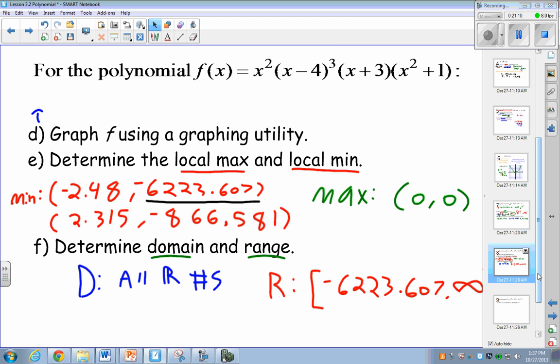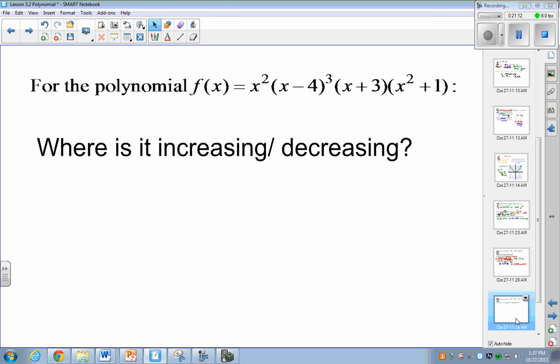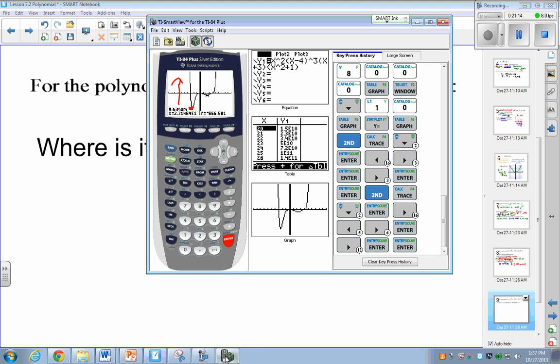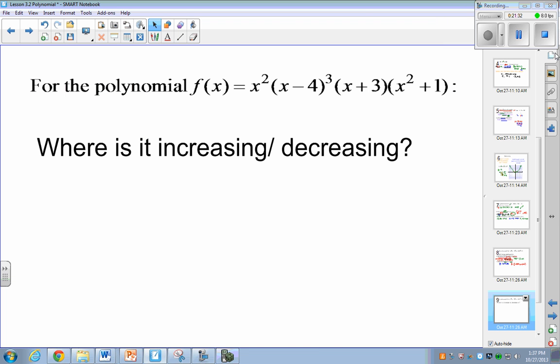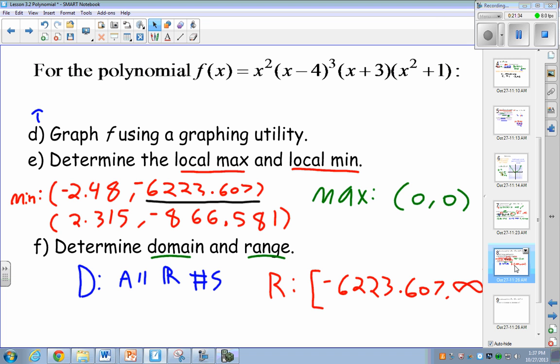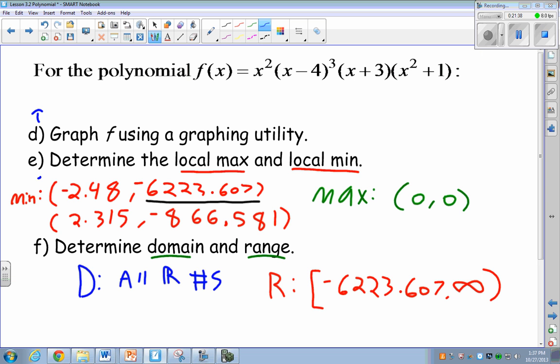All right, last thing. Where is it increasing or decreasing? With this, we're going to use interval notation. It's going to be decreasing in all of these values right here. If we look at our local max and local mins, it's decreasing to our first local min, which is this value.